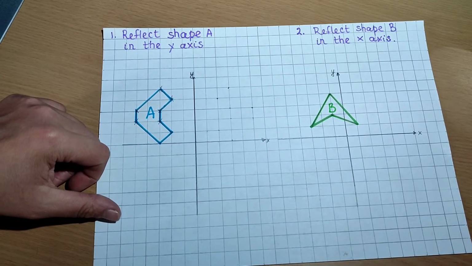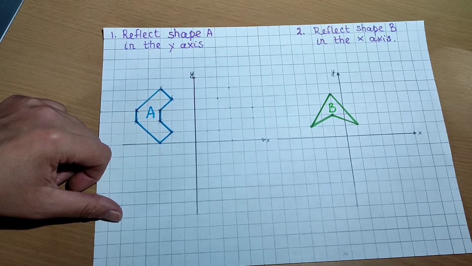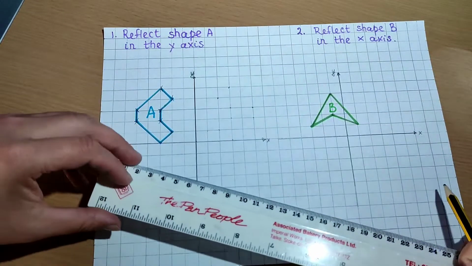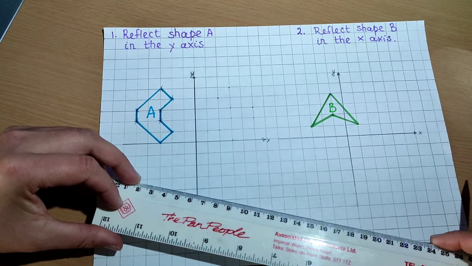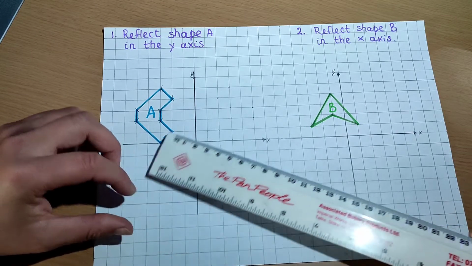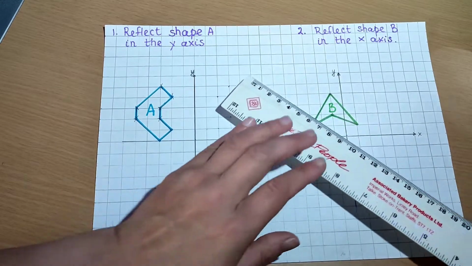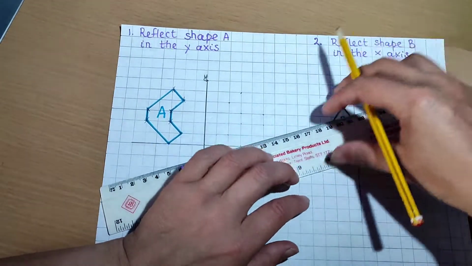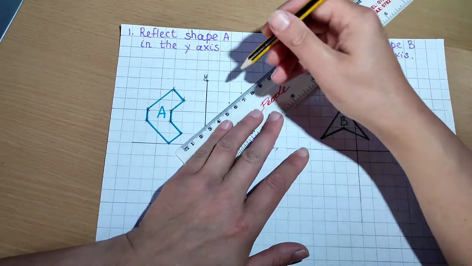Now this is very important. This is what you do next. You need to use a ruler because you need to have straight lines. We need to join all our points. Let's join these 2 points first.